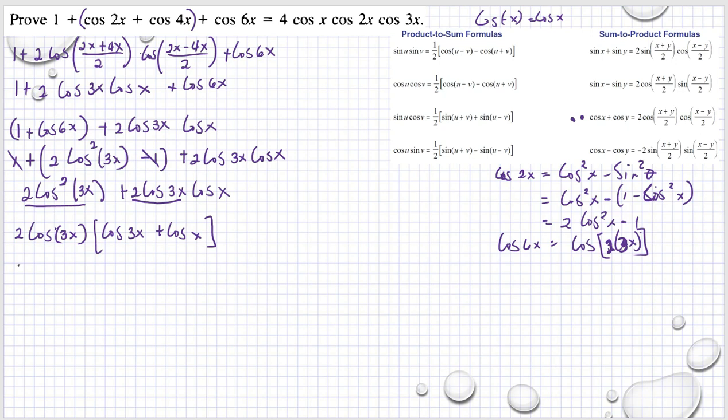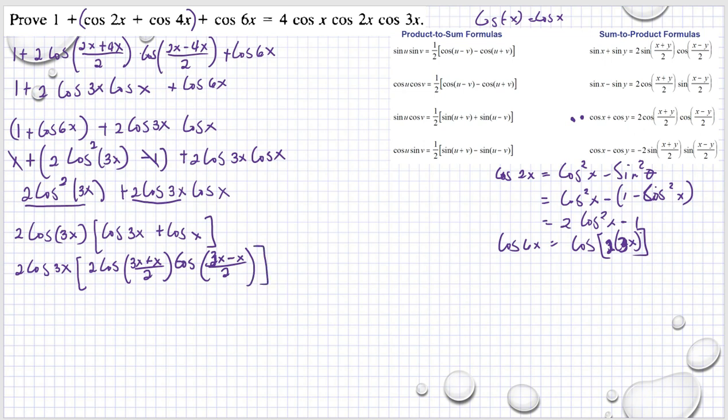So we have 2 cosine 3x multiplied by 2 cosine 3x plus x over 2, cosine 3x minus x over 2.